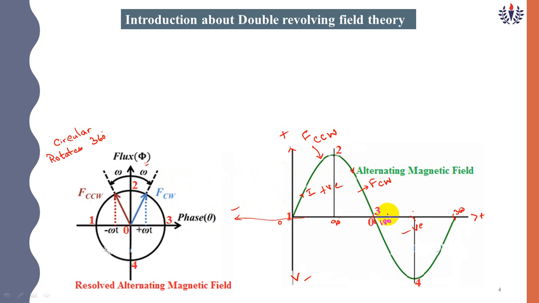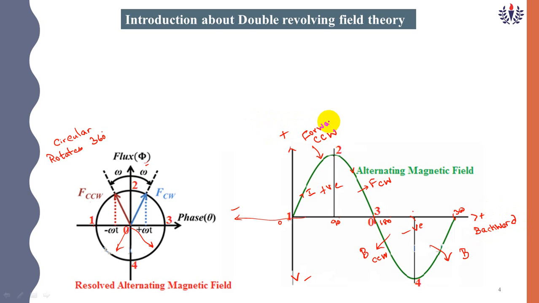When the current value moves from 3 to 4, you get another direction. Since it is minus, it is the backward counterclockwise direction. B stands for backward, and F stands for forward.